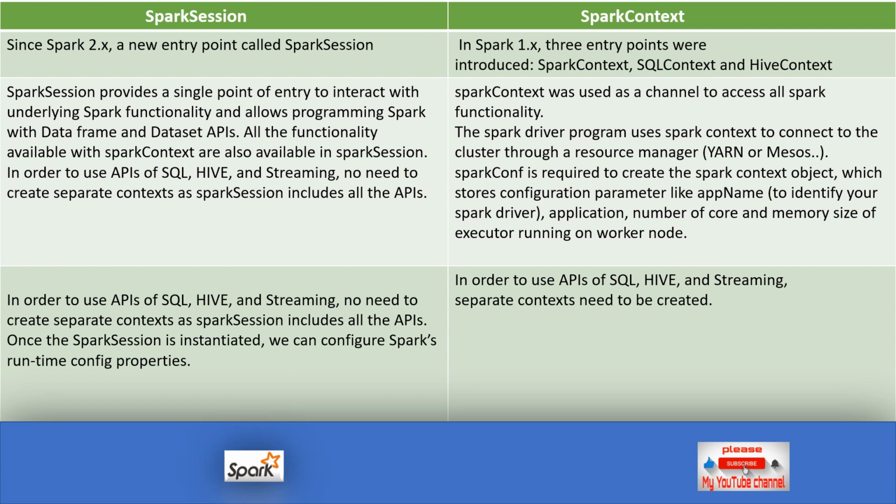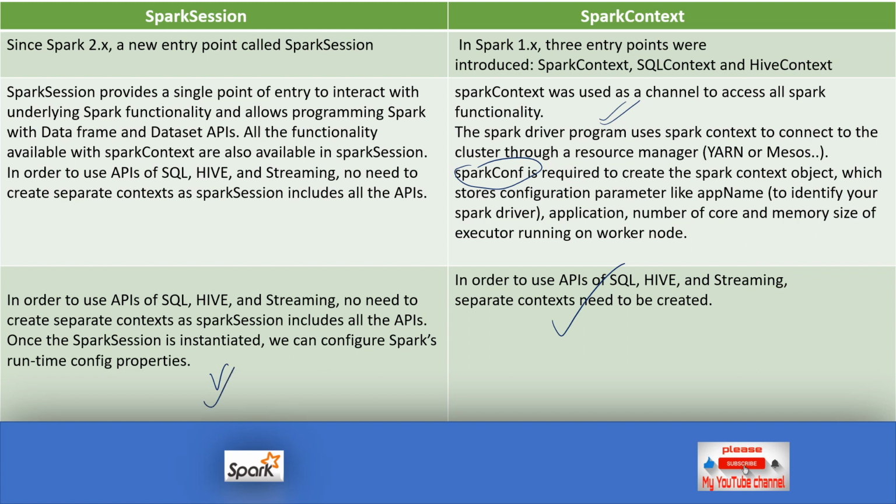SparkContext was used as a channel to access all Spark functionality. The Spark driver program uses SparkContext to connect to the cluster through a resource manager. SparkConf is required to create the SparkContext object, which stores configuration parameters like application name, number of cores, memory size, and executors running on the worker node. So in order to use the APIs, you had to create a separate streaming context, but in this case, it is not required.